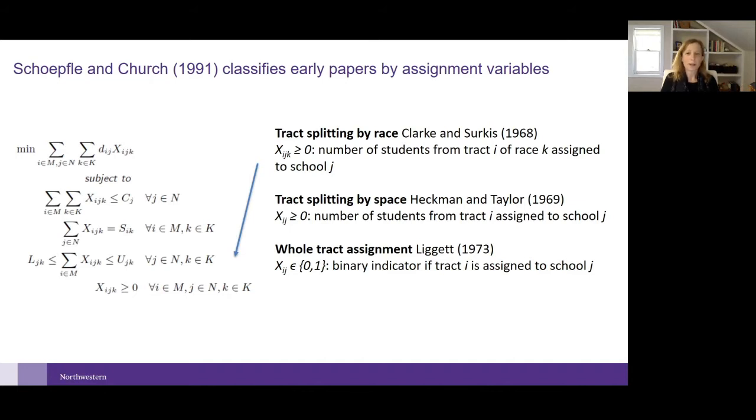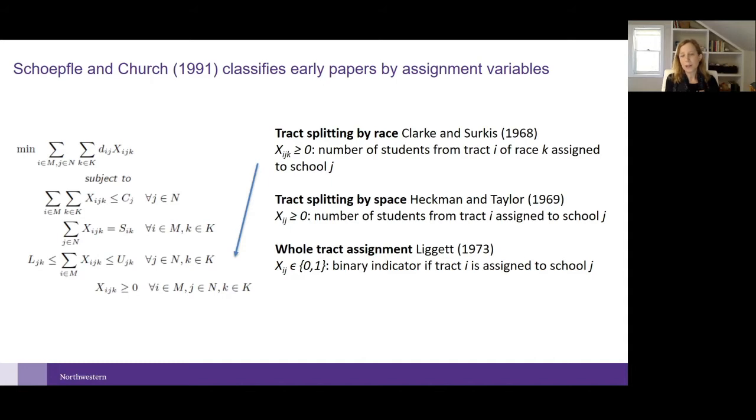In both of these methods, and even in the whole tract assignment as well, these tracts are very large. And so a lot of work needs to be done afterwards in terms of post-processing, right? So if you have tract splitting by race or by space, you know the number of students within an area that should go to a school, but determining which actual students is quite a bit of work.